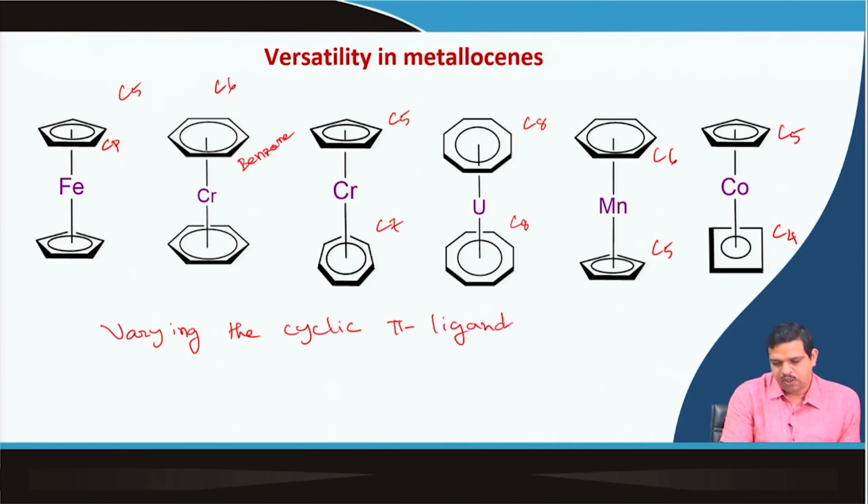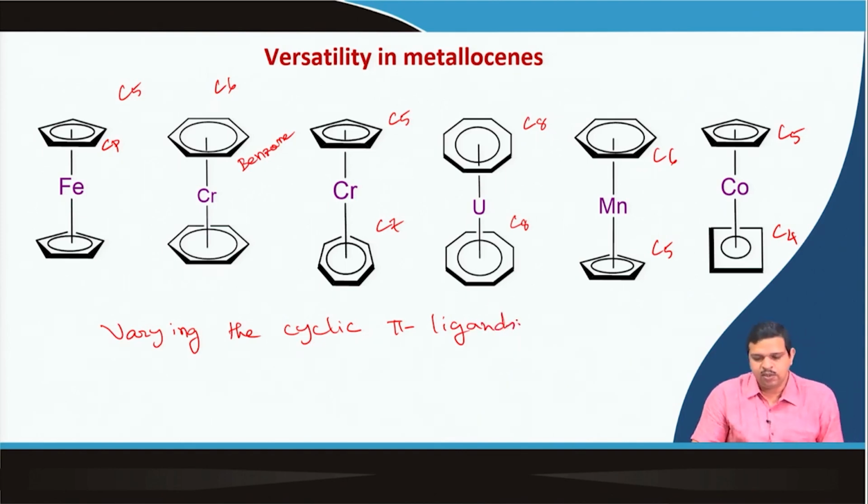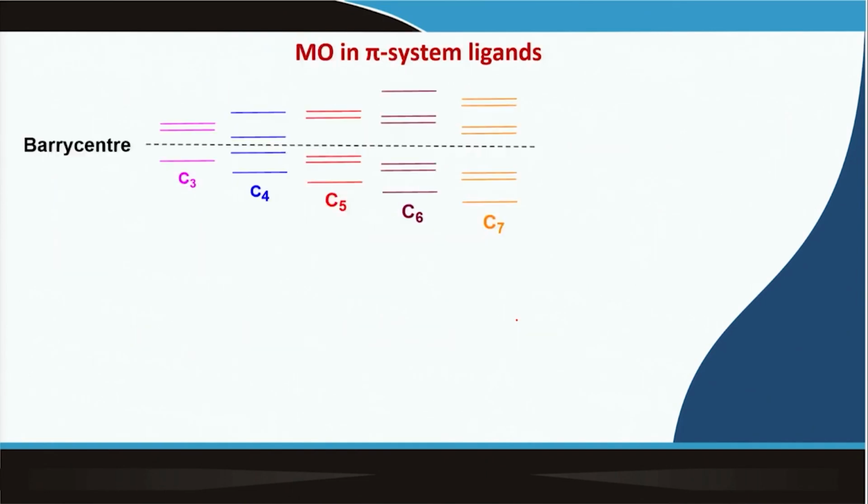And once you vary the cyclic pi ligands, you also have to vary the metal centers, the oxidation state, etc., to stabilize the particular metallocene compound. So there are versatile complexes, versatile metal centers and Cp ligands, and these complexes are very interesting, not only for academic purposes but also for various practical uses.